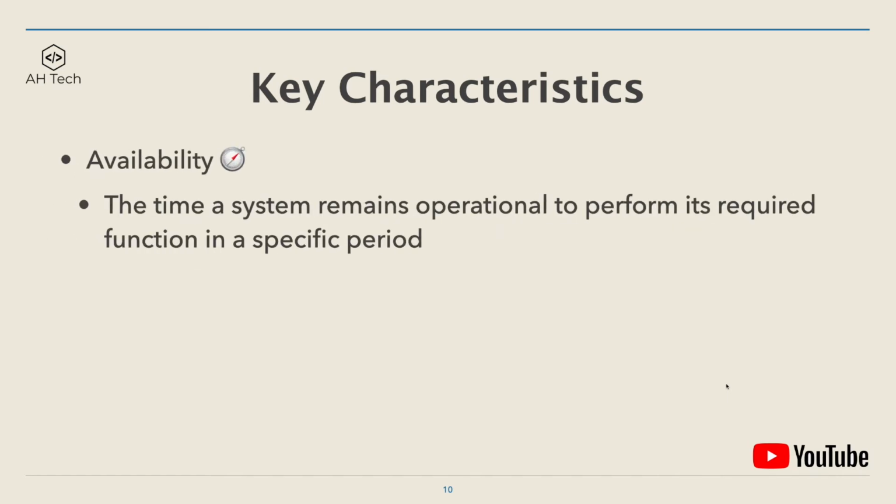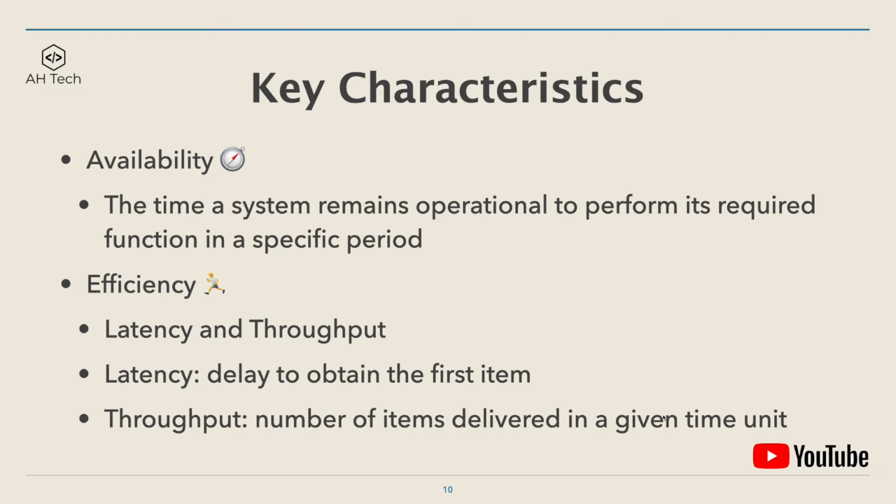And third is availability. This is kind of similar to reliability. The users are expecting your website, your services, to run day and night. And availability is defined as the time a system remains operational to perform its required function in a specific period. And lastly is efficiency.